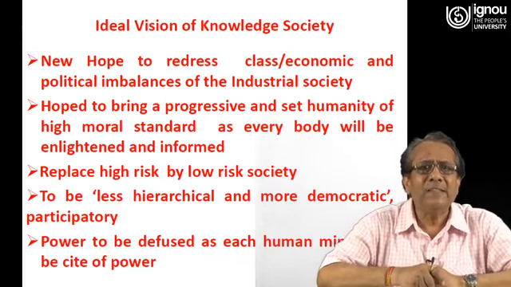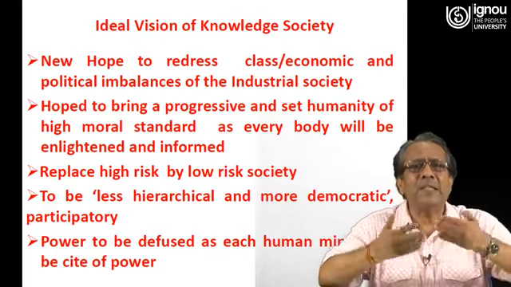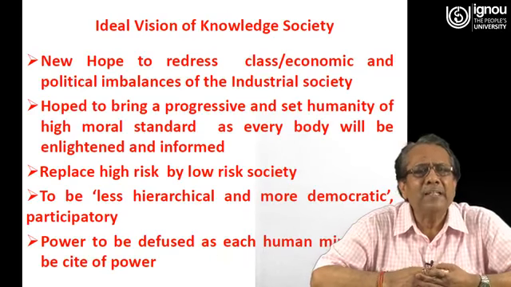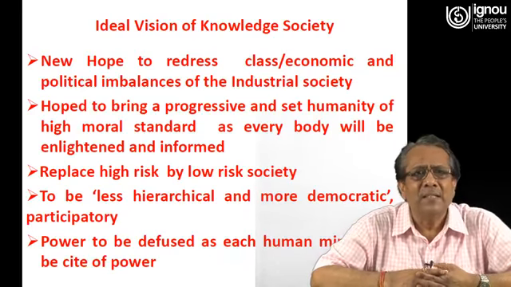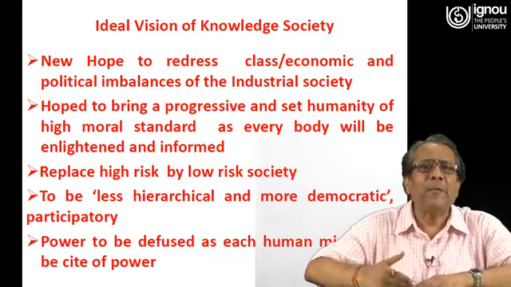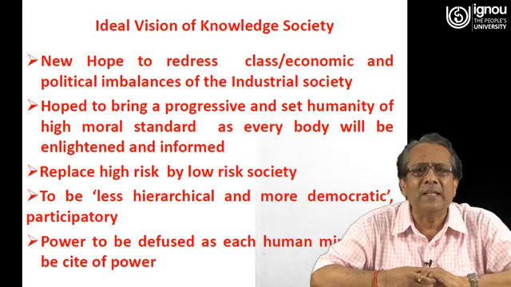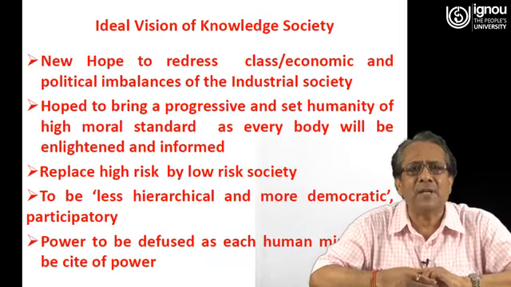Now, when this knowledge society appeared in the Western world, starting from the late 1950s and early 1960s, it came as a kind of hope to redress all kinds of economic, political and cultural imbalances in the society.